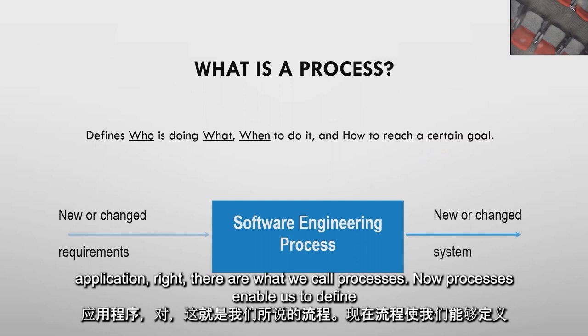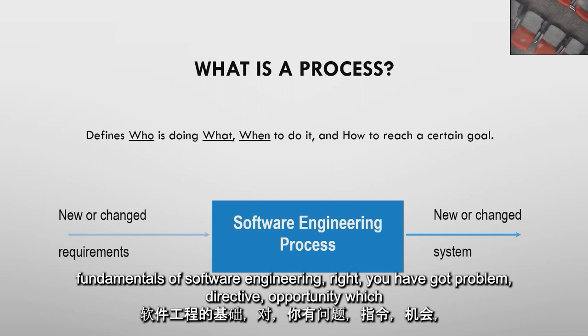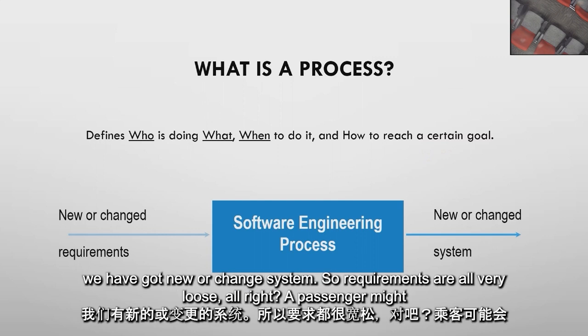Now, processes enable us to define who is doing what, when to do it, and how to reach a certain goal. So under the fundamentals of software engineering, you have got problem, directive, opportunity, which falls under what we call new or change requirements. When we take it through the engineering principles, we have got a new or changed system.